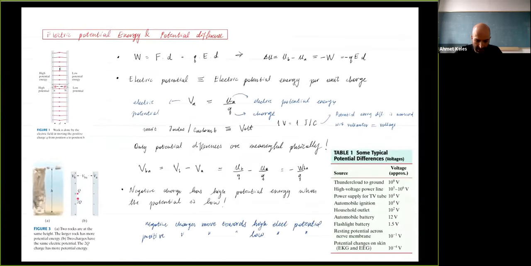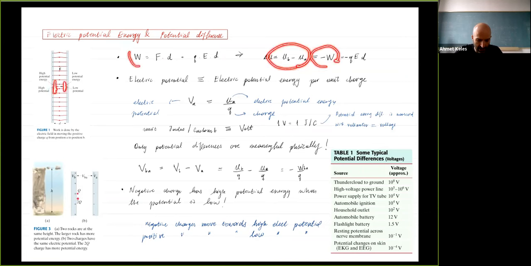Now we can go back to first semester and remember the work-energy theorem, which says the negative of the work done on a system with conservative forces is equal to the change in potential energy, right? Something like that. We define the potential energy of this charge, and it is the potential energy at point B minus potential energy at point A. And this difference should be equal to the negative of the work done on the system by this conservative force.